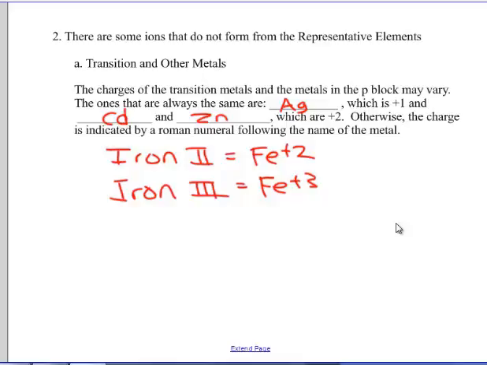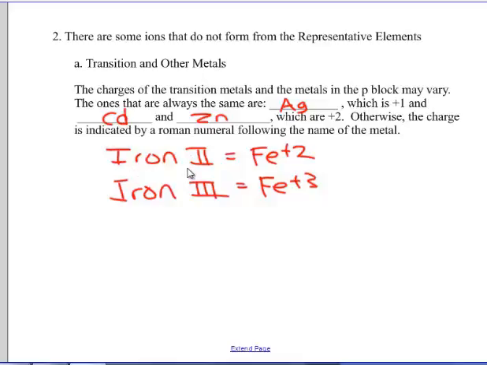The charges may vary. The ones that are always the same are silver, plus 1, and cadmium and zinc are always plus 2. Lead and tin in group 4, as well as all the other transition metals, can vary in their charge. For example, iron might have a positive 2 charge, and it would be written as iron Roman numeral 2.